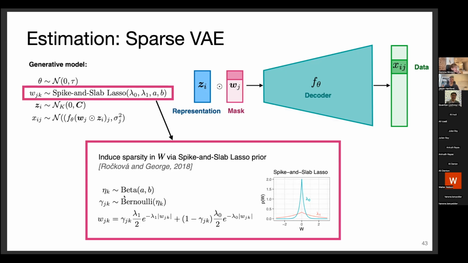But the nice thing about having this kind of beta Bernoulli prior as well is that you get some nice adaptivity to different levels of sparsity. I've used these priors in bi-clustering methods where you might have dense columns and sparse columns.